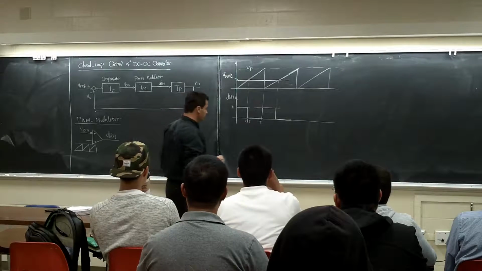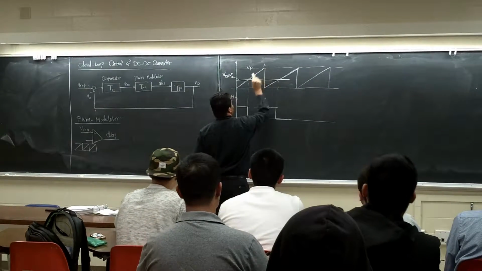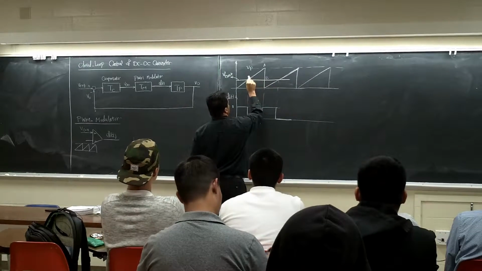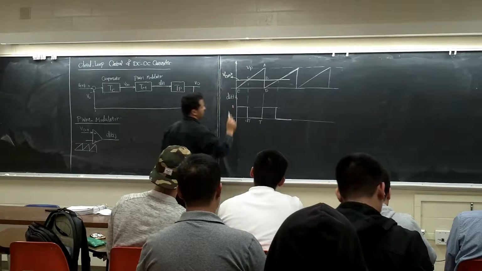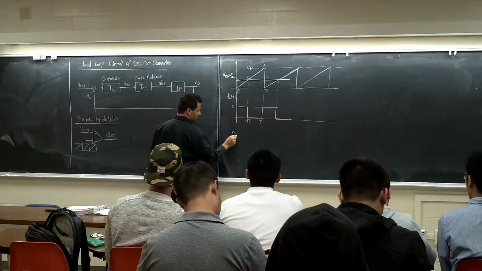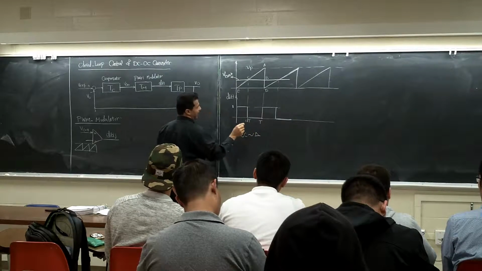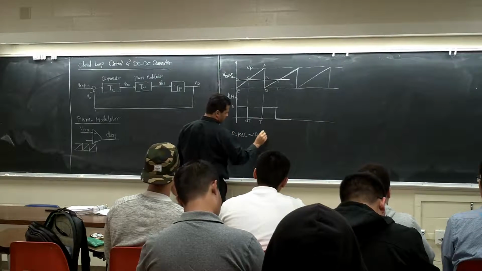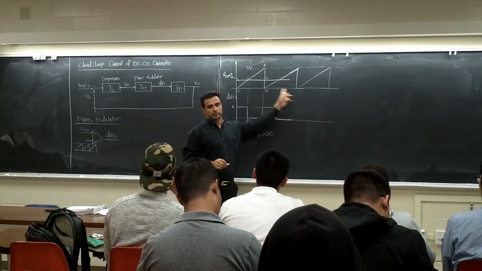Now, let's look at this triangular. Let's call it A, B, C, D, E. So we know triangular ABC is similar to triangular ADE, right? Because this one is parallel with this one, right?